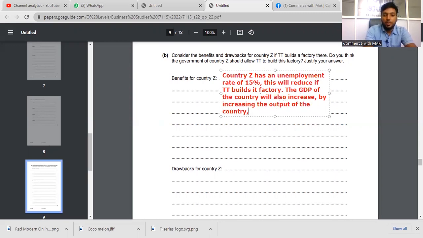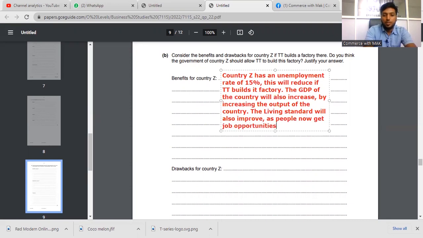The living standard of the people will also improve. Why is that, guys? Because people now get job opportunities.